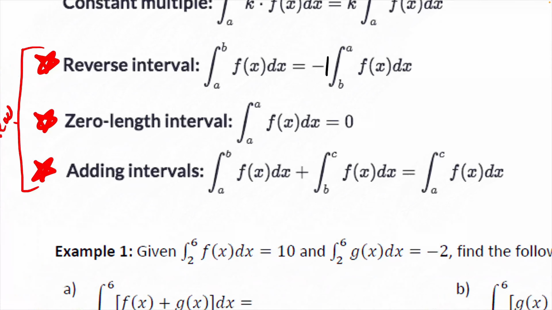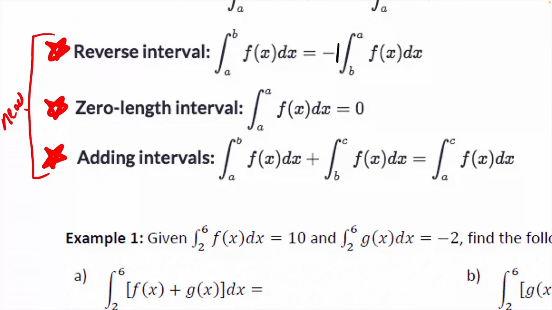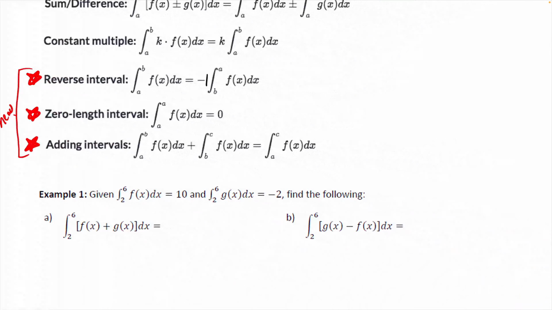The 3 big ones that we're going to talk about that you're going to see, one is called the reversal. Okay, so when we have bounds, this is only when we have bounds, right? Let me write it on the notes.